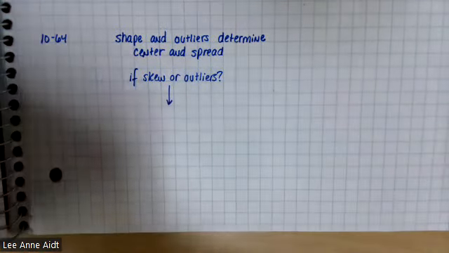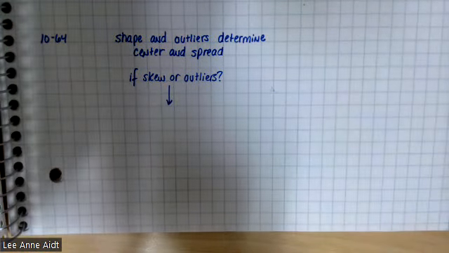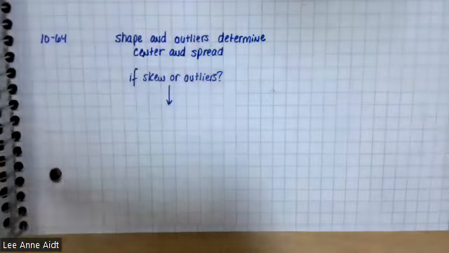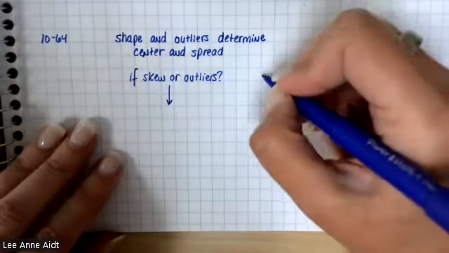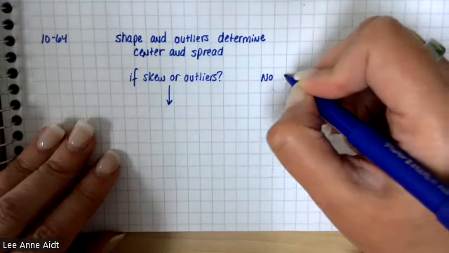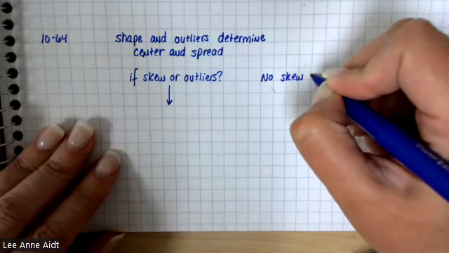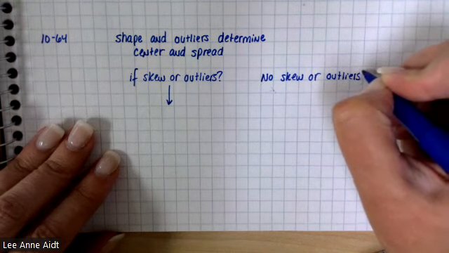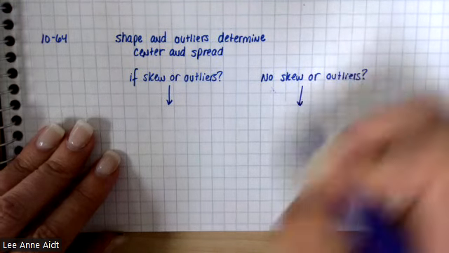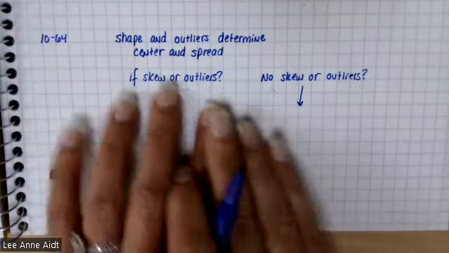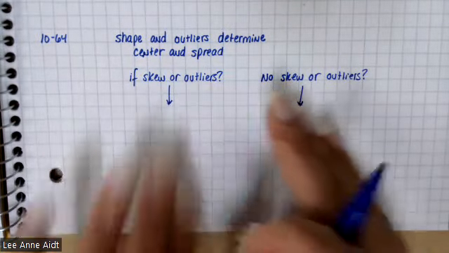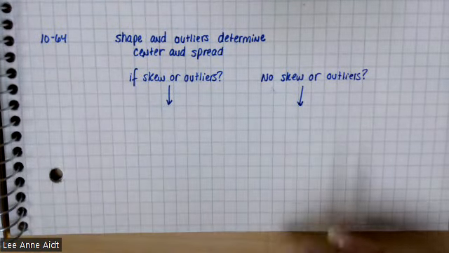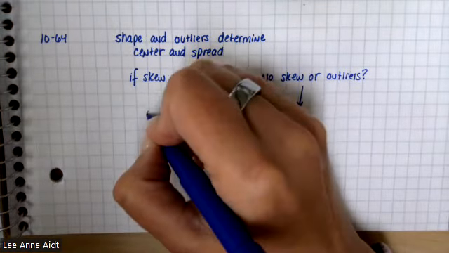If you're not sure, you can look back at number 45. If you have skew or outliers, should I use the mean or the median? Nope. Median.